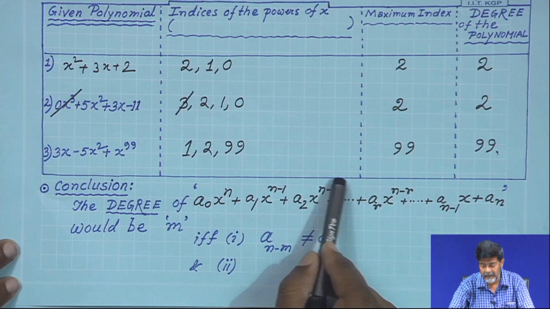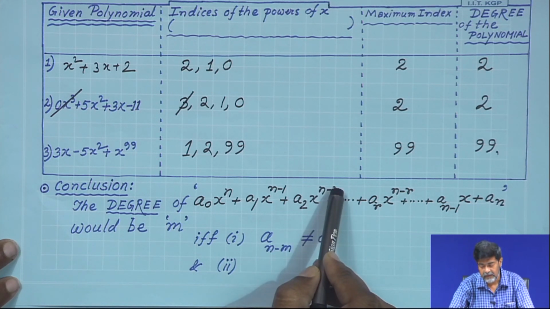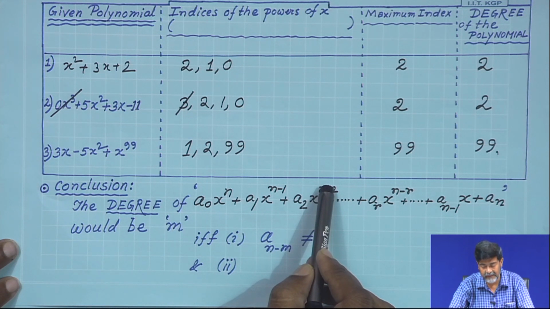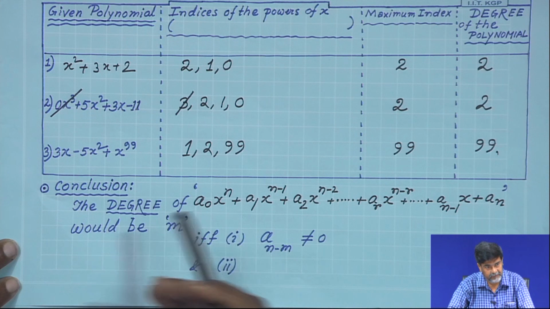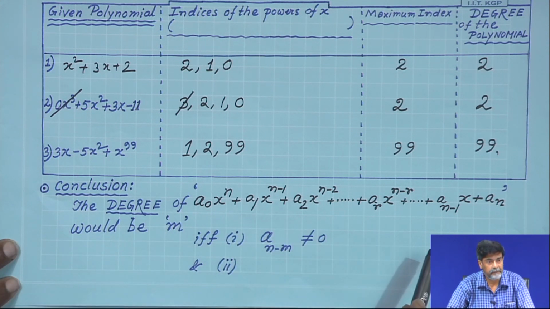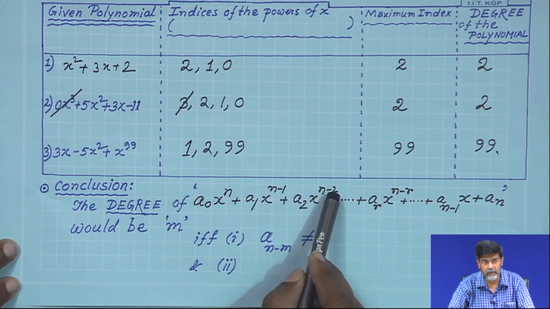Suppose this will lead to the maximum power. Okay. Then if this index will be the degree of the polynomial, then the coefficients of the terms to the left of this must be 0. Otherwise, the index of the power n minus 2 will not be able to be the maximum.